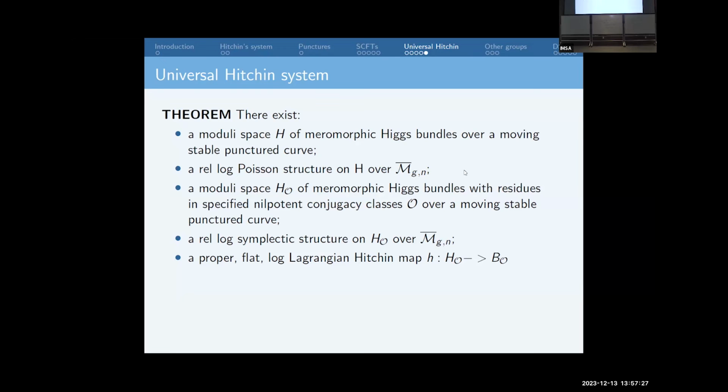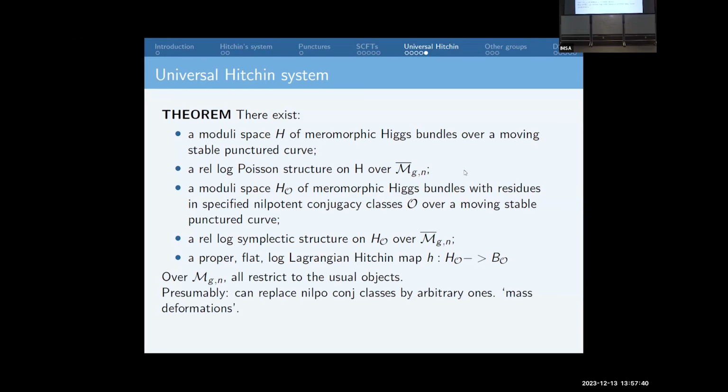It doesn't go to the naive Hitchin base, it goes to this modified Hitchin base, which I will point out gives a vector bundle. And over the interior, of course, it restricts to the initial object. Presumably, you can replace the conjugacy classes by arbitrary ones. In other words, to include mass information, we sort of have the argument but haven't written it down yet.